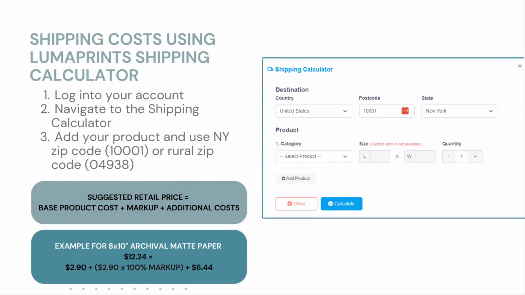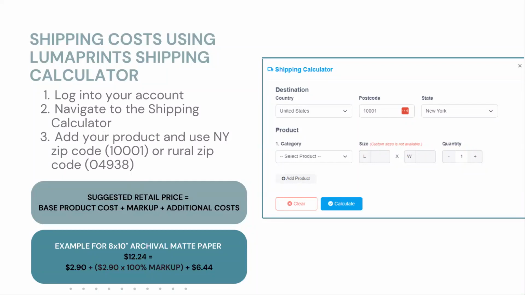So when it comes to shipping costs, like stated earlier, we recommend building it into your retail pricing. The idea of free shipping is always enticing to your customer, so you might as well consider adding it into your pricing itself. How to do so is we recommend logging into your lumaprints.com account and navigating to the shipping calculator.